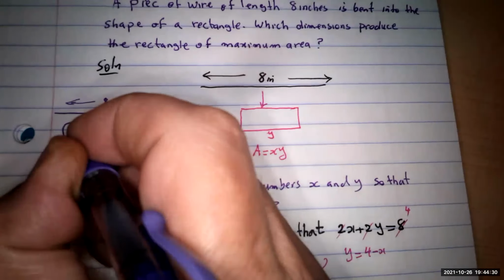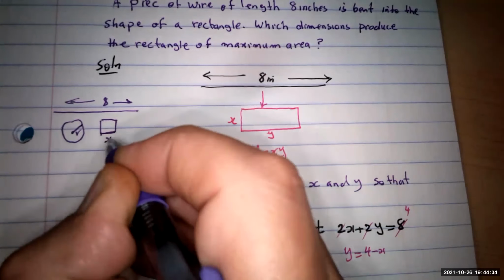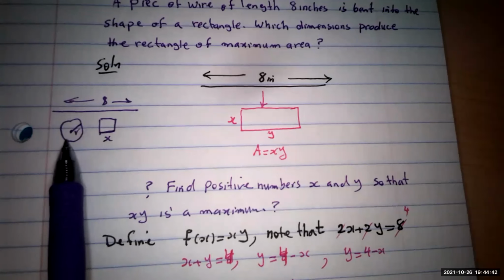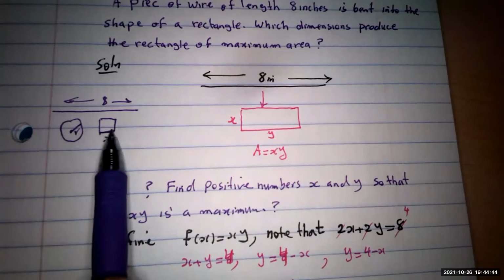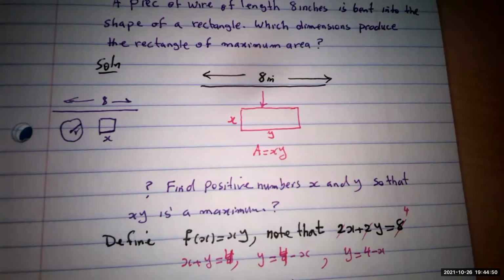The radius of the circle was r. The side length of the square was x. He wants to find the side x and the radius of the circle so that the total area of the square and the circle is a maximum. That problem is a little bit more involved. It's not bad, it can be done, but it's more interesting.